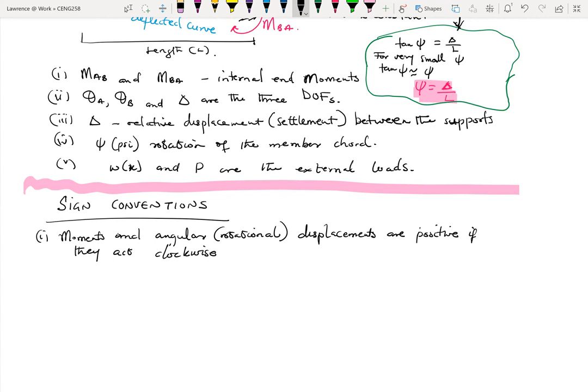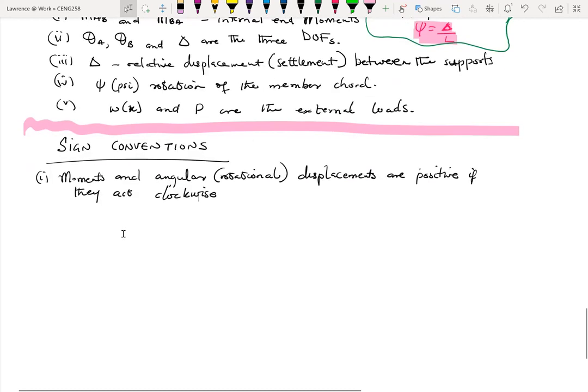Right. So if your moments and your rotations are clockwise, then they are positive.